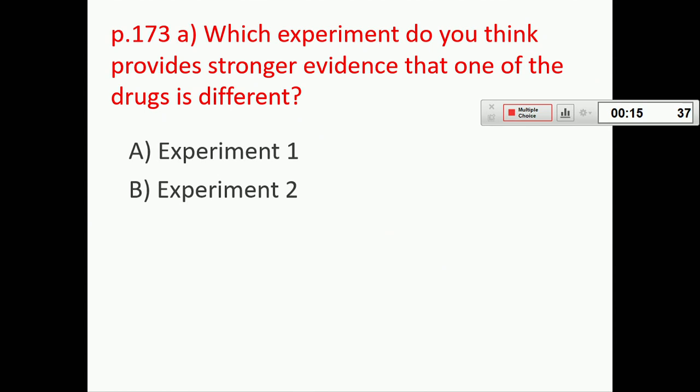Just looking at it. This is just a visual for you to look at. Just think, if you had that data, in which experiment would you be able to pick out, hey, I think at least one of the drugs is really different than the others? If you had to make a choice between the two of them.